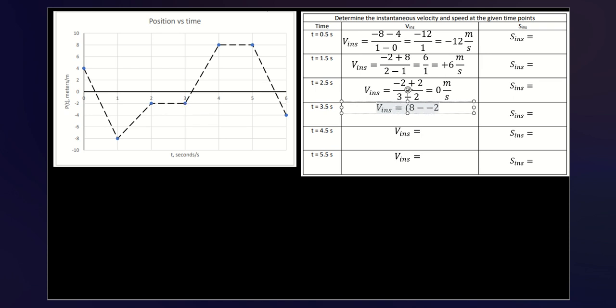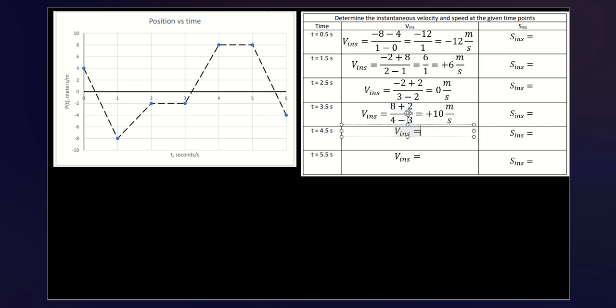Minus a -2 just becomes +2. And as far as our time difference, well, this point correlates to 4 seconds, and this point correlates to 3 seconds. So 8 plus 2 would be 10. 4 minus 3 is 1. 10 divided by 1 is just 10, or +10 meters per second.